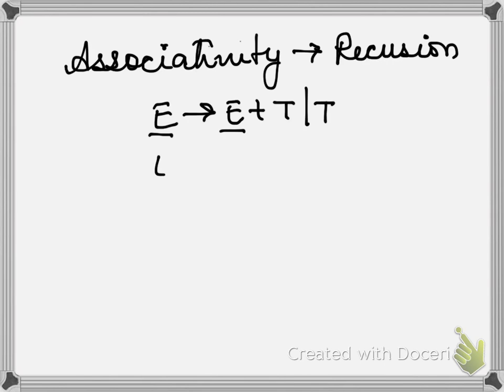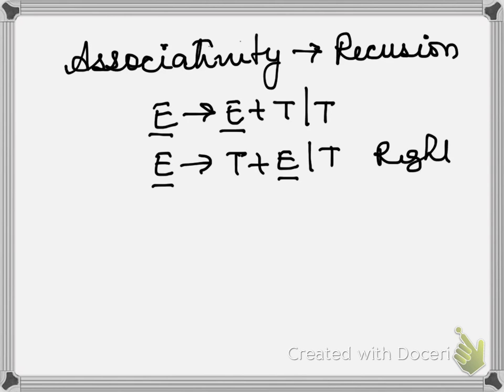If it is right recursive, then I would write T plus E or T. Here also there is recursion, but this is right recursion, whereas in the first case this is left recursion.